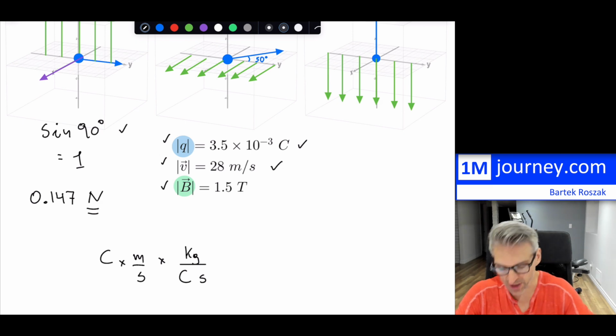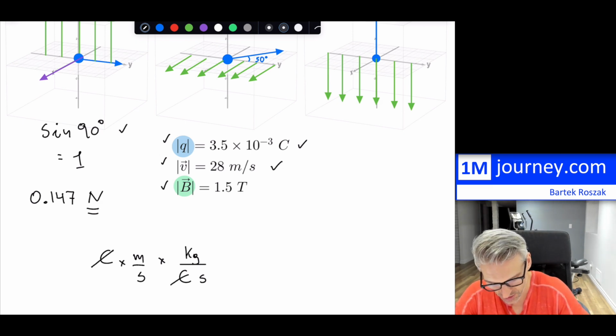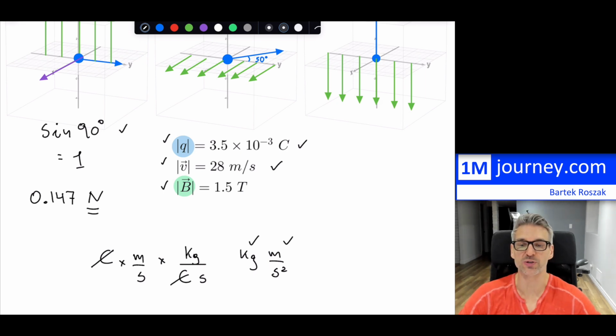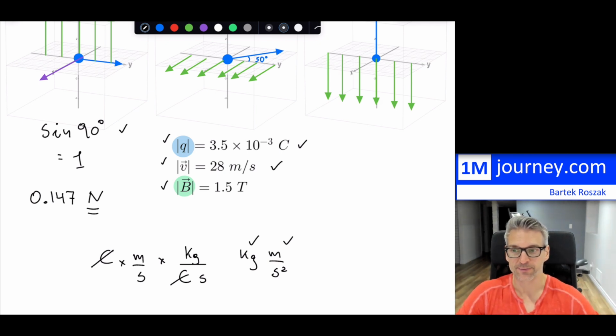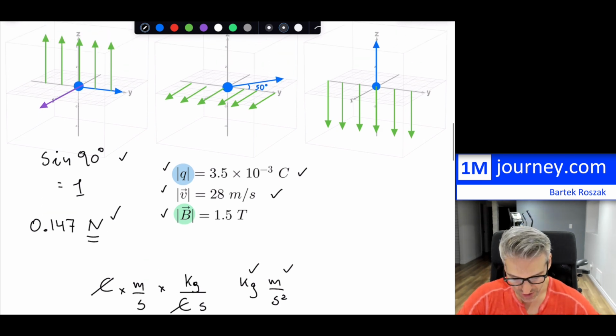Notice the coulombs would cancel. You would have only kilograms, meters, and seconds squared, and déjà vu, this is nothing else but a Newton, because a Newton is mass times acceleration, kilograms meters per second squared. So this would indeed be in newtons if you keep it all in metric SI units. So that's the first example.